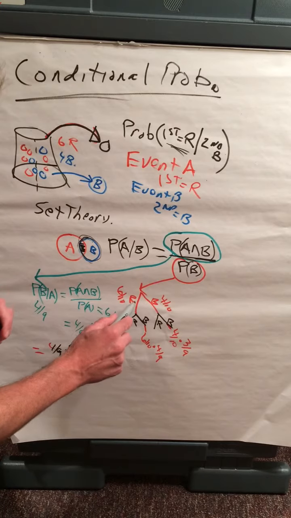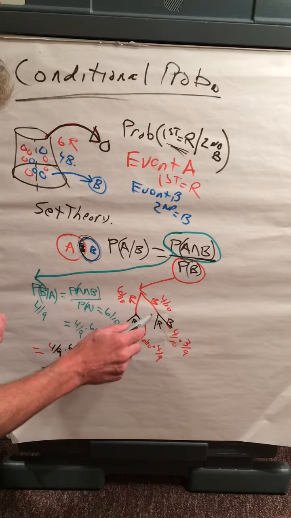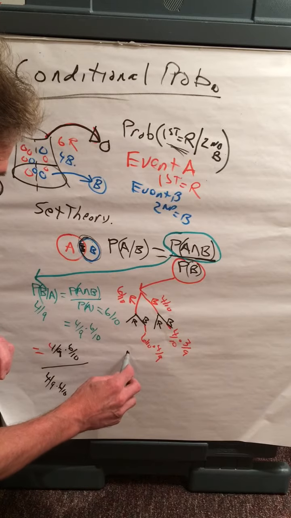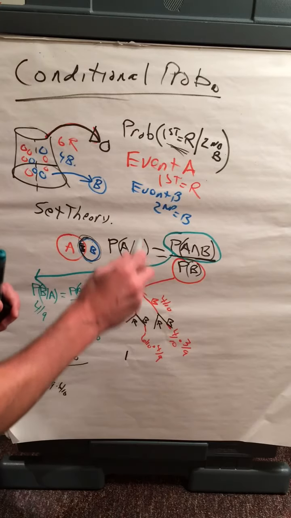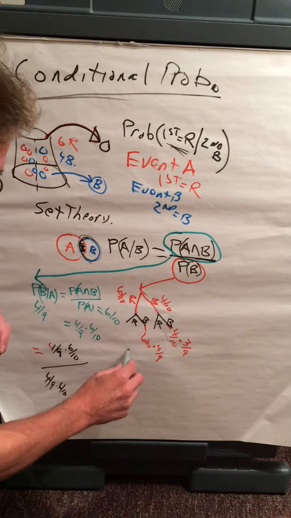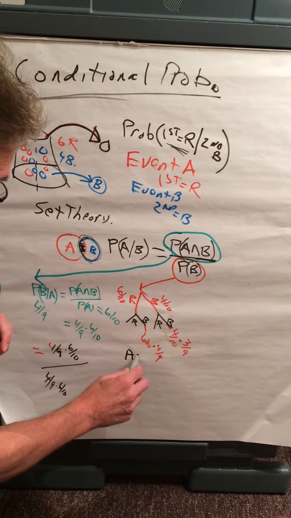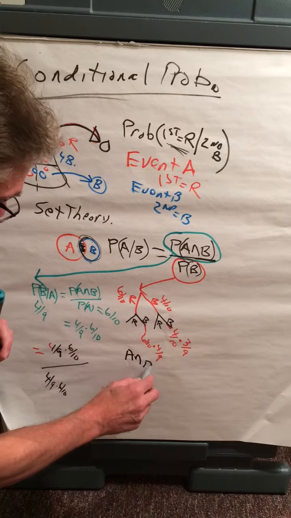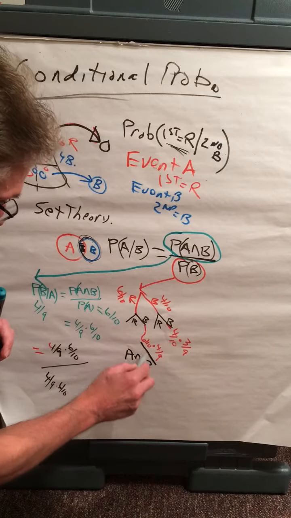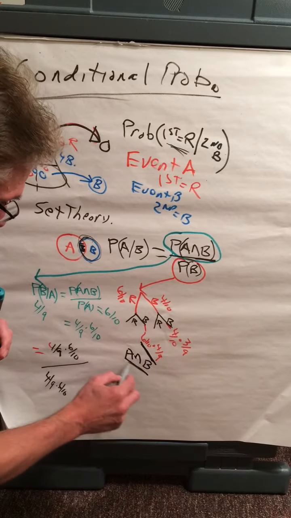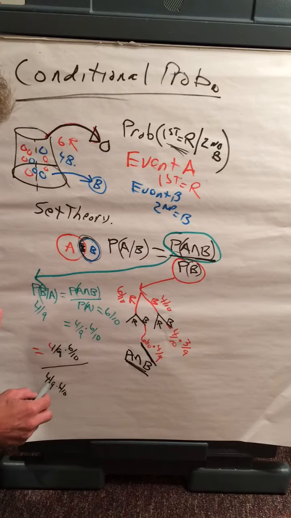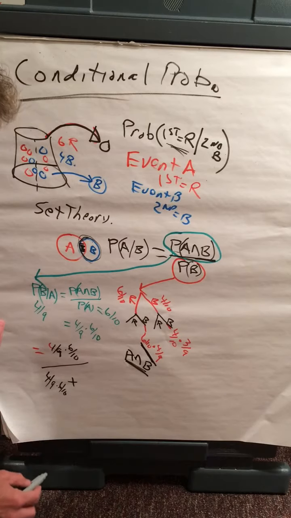Let's take a look here. This is red and blue. So the first one being red is event A, and blue, so that's A and B. So that's what this one is here, A and B, which is also the probability of A and B. That's why these two here are the same, plus here.